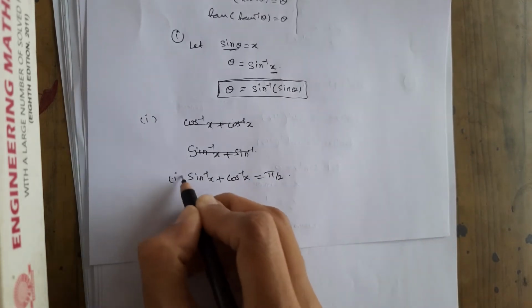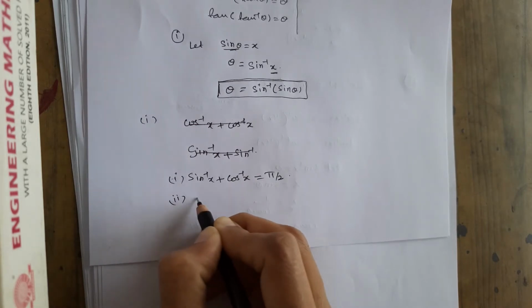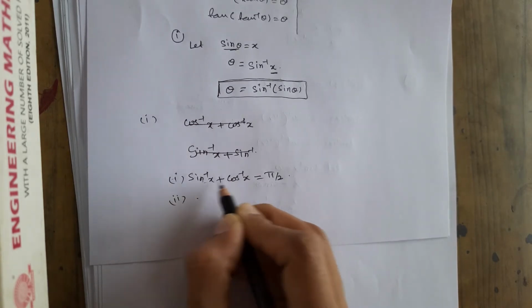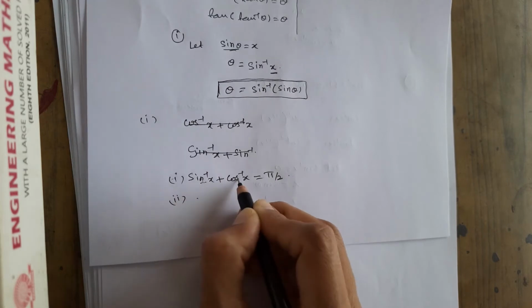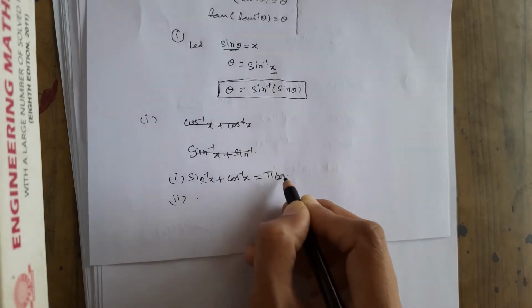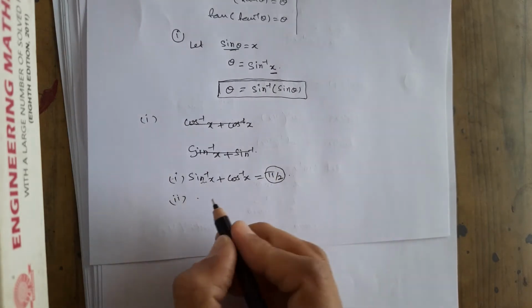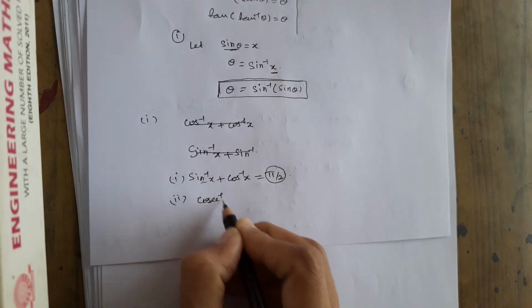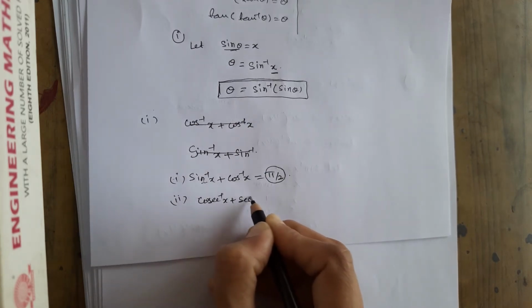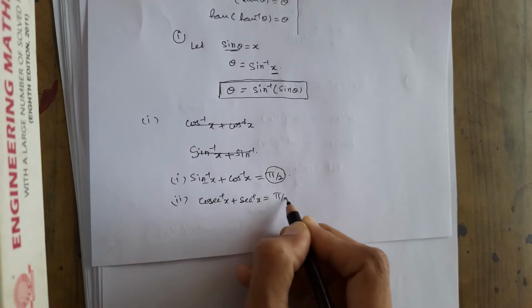So this is one property. Sine and cos are complementary angles, and if you add the inverses of these complementary angles, you will get 90. It's very obvious. Similarly, cosec inverse x plus sec inverse x equal to pi by 2.